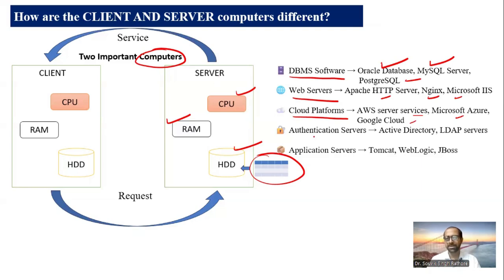The server computers may have authentication servers, for example, Active Directory or LDAP servers. And finally, there may be certain application servers like Tomcat, WebLogic, JBoss. So all these things are located on the server side.